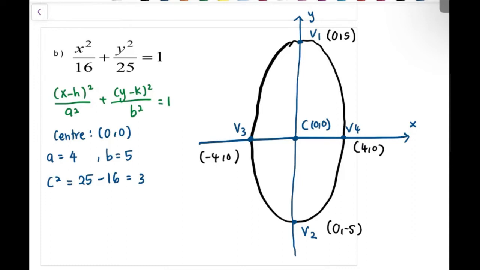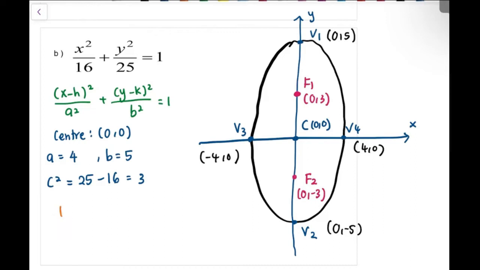Last one for foci. So F1 lies on the major axis. So now it lies on B. Ingat dia duduk atas B. Jangan tersalah label. So for the coordinate of F1, our distance is C. So 3. It will be 0, 3. And then the coordinate for F2 will be 0, negative 3. Okay. And last part.